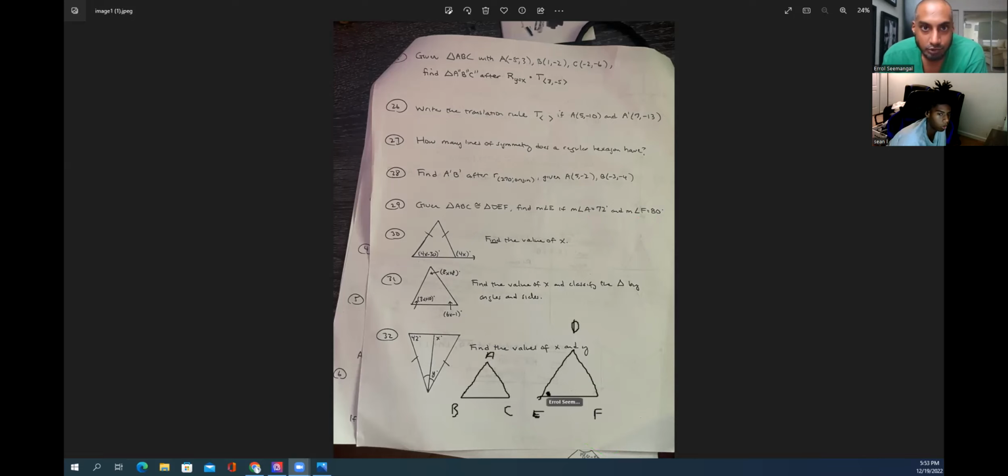My drawing's kind of whack, but are you following it? Yeah. When you draw it, just draw it a little bit neater. DEF is on the right. Find the measure of angle E if A is 72 degrees and F is 80 degrees. If they're congruent, then we know angle D is 72.